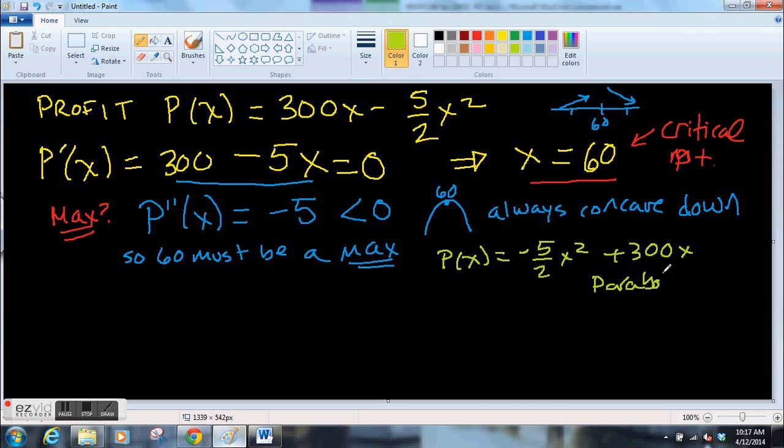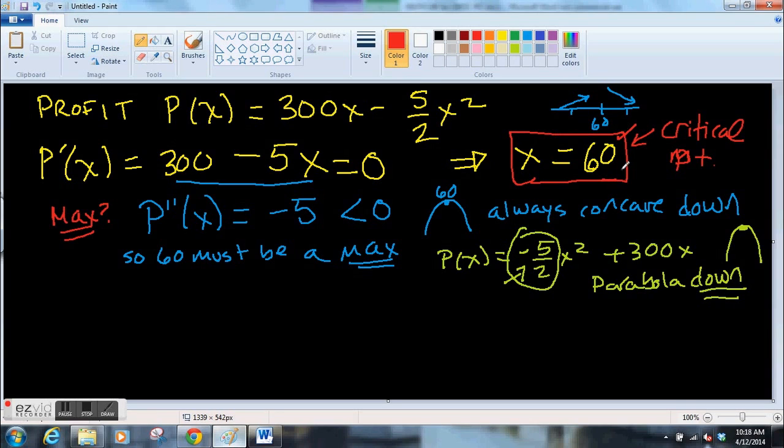We just figured that out here, which opens down. If you took math 116 or you're really good with parabolas, you'll say, the x squared coefficient is negative, so it's a downward opening parabola, so we're back to this concave down thing, so it must be a maximum. You could also try this by graphing.